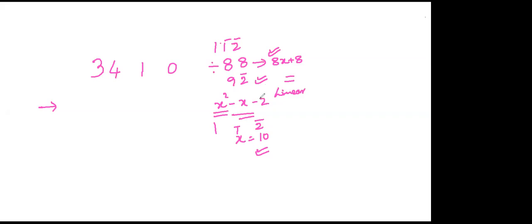I think I've got the answer, because if we take it as 9-2 bar, then my divisor can be written as 9x minus 2. So I think I might get the same answer in the quotient again.